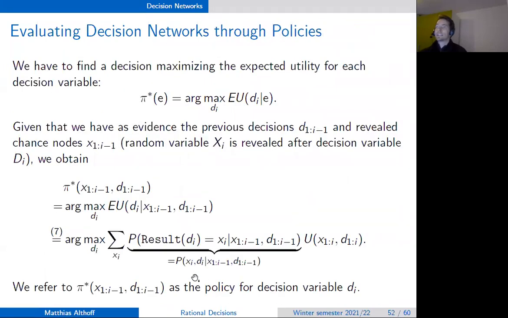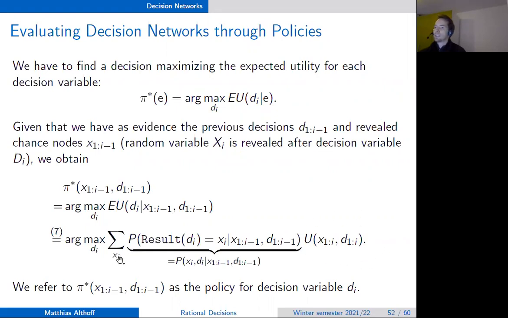So we sum over all decisions d_i, and we have here the probabilities of x and d, which can be written as the result of d equals x in our case, given the previous random variables and decisions, then multiplied with the utility.